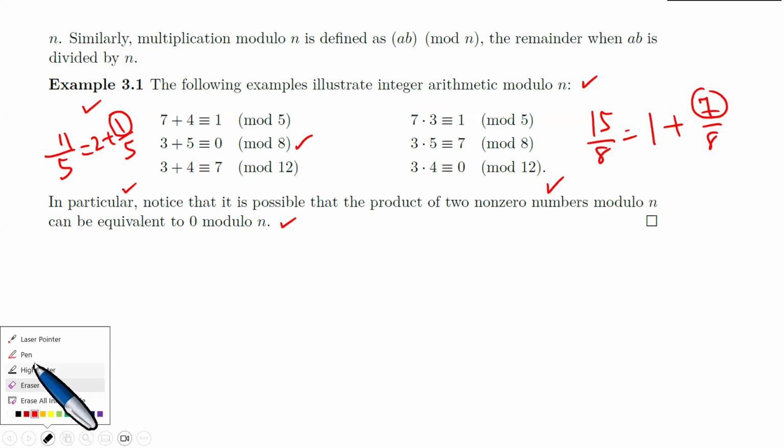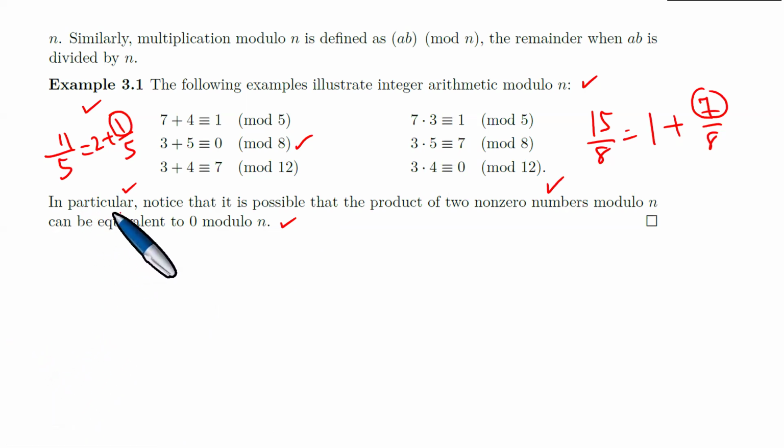This last sentence here is very important. In particular, notice that it is possible that the product of two non-zero numbers modulo n can be equivalent to 0 modulo n.